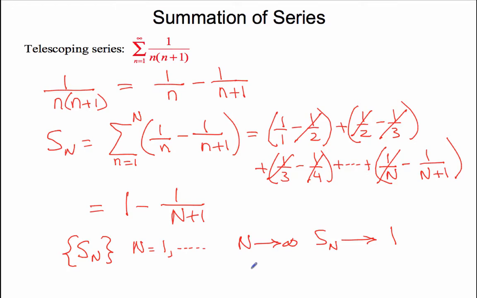And so the infinite series, this over here, let's call this S. This has value 1. So this was another series which we could successfully sum. Moreover, we established the convergence of the series because this is a sequence which is tending towards 1.